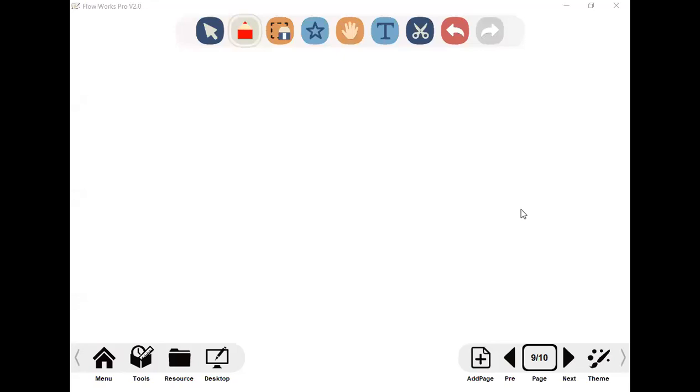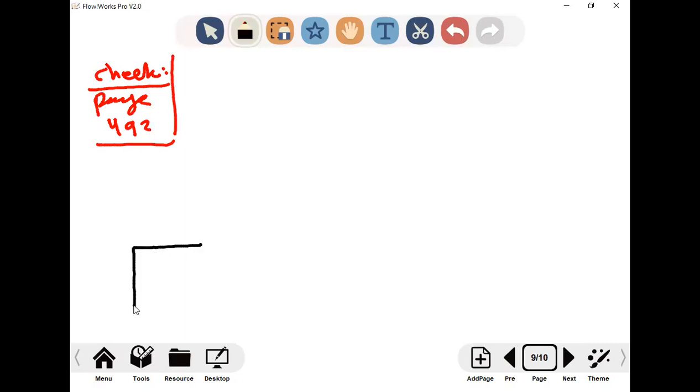So we are in the check, page 492. We have this square pyramid. Here 6.4 and here 6.4.